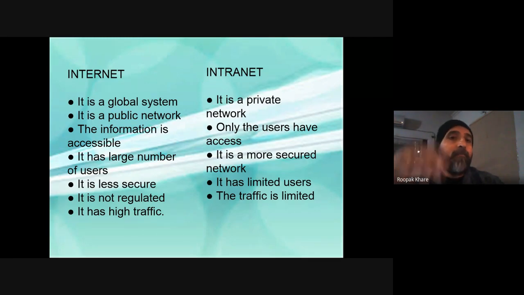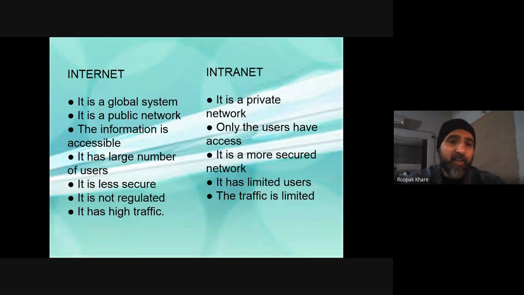Two, internet is a public network. Intranet is private. Three, on internet the information is accessible to all. Anybody can access that information, while on intranet, only the users of that intranet are able to access the information. On internet, a large number of users are there. On intranet, a restricted number of users are there.